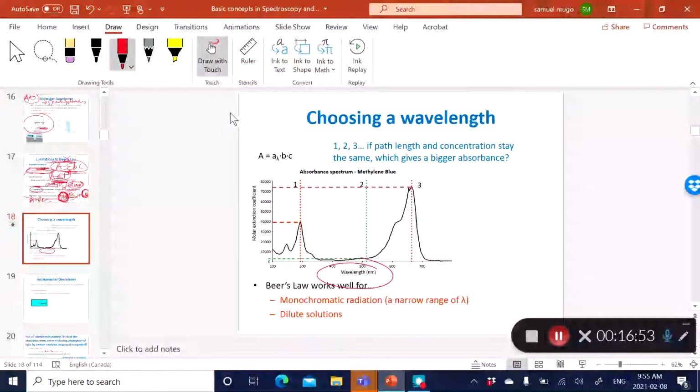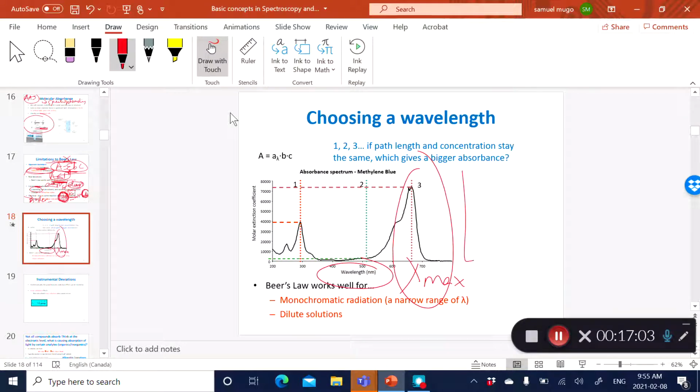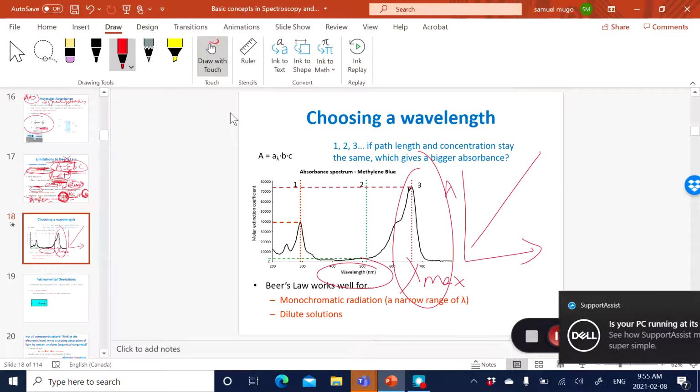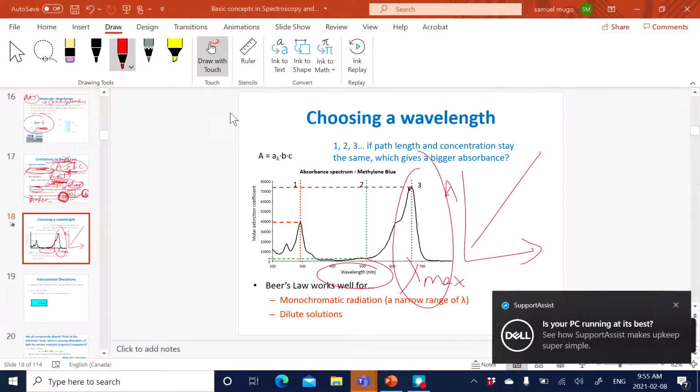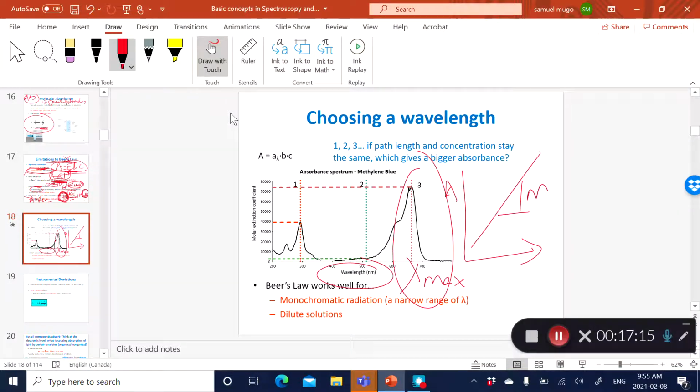So ideally, you would be looking for the wavelength at which you get maximum absorbance, all right? Something like this, okay? So in that case, you're going to see, and that's absorbance, that's concentration, and that's concentration. And so you're going to see this one you get a lot higher slope compared, say, to this one, where you get less slope. And so ideally, we should be using the wavelength at which we are getting the maximum absorbance.